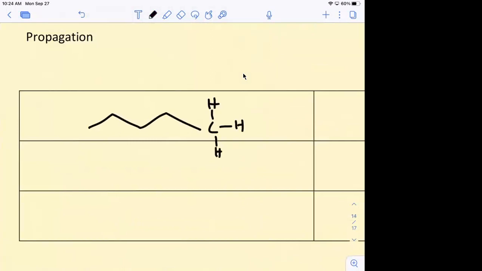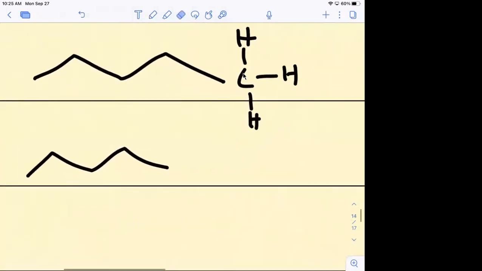Because remember, in propagation, what happens in propagation again? What's the process? Anybody? We just looked at it up top.